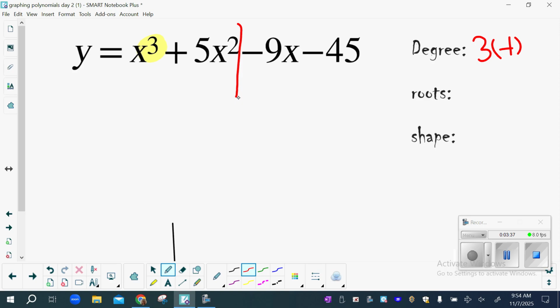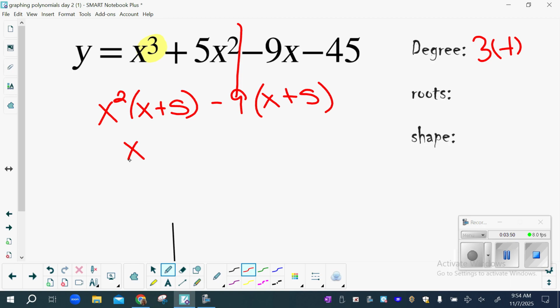Nice, nice, nice. Here we go. I'm going to take out the x squared and I'm left with x plus 5. I stole this from Karen and I almost called her the right name. That was wrong. Let's call her Karina. That was weird. X squared minus 9, x plus 5.